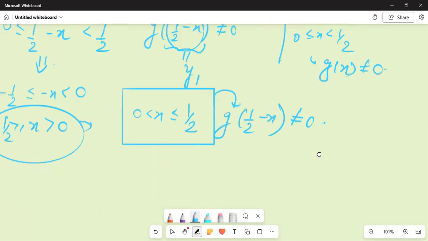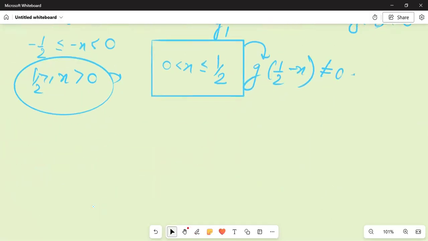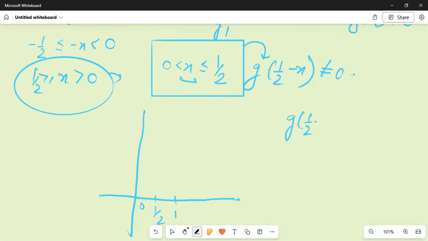Okay, so now we will try to draw this function. This is 0, this is half, this is 1, and everywhere after half and before 0, it is going to be 0. So you need to take care of only these points. Now again, G(1/2 minus x) is, as I told you, the composition of G with Qx.